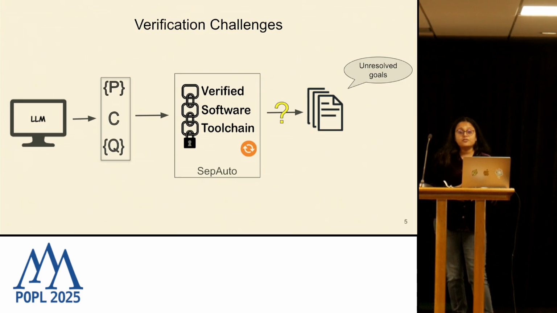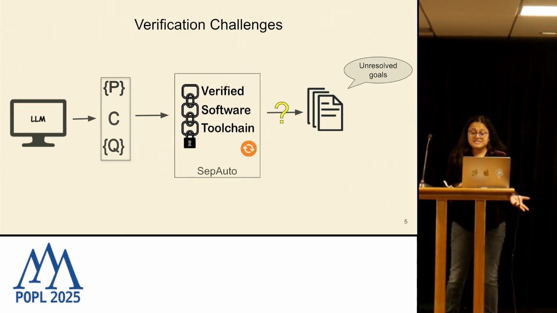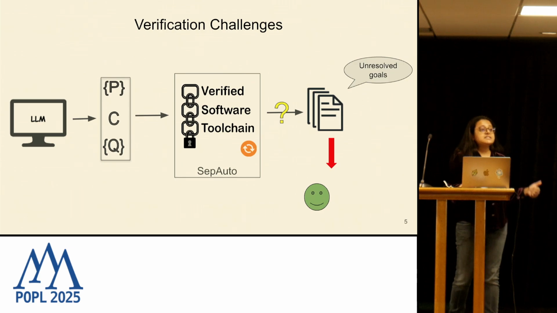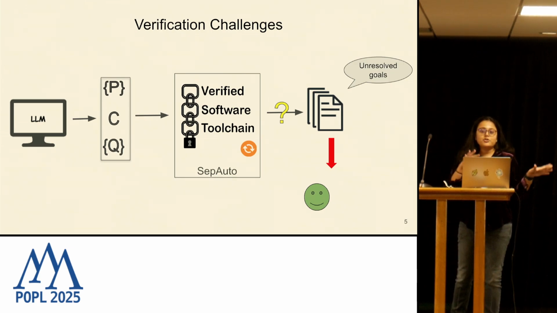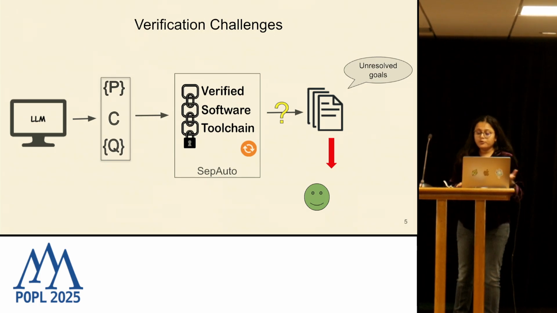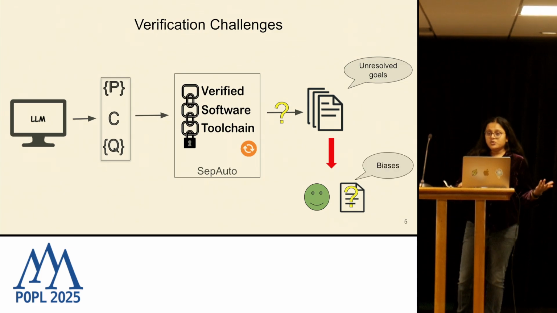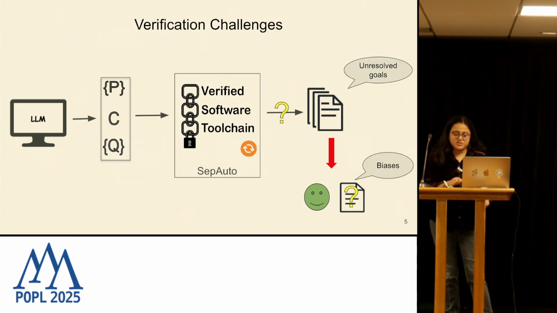These unresolved goals can arise either because the automation is not strong enough to discharge them, or because the program generated is incorrect. So in this work, we tend to reduce the set of unresolved goals to the minimum, by either completely automating the whole proof or minimizing the set of unresolved goals. And we do this by incorporating certain biases in the search space.